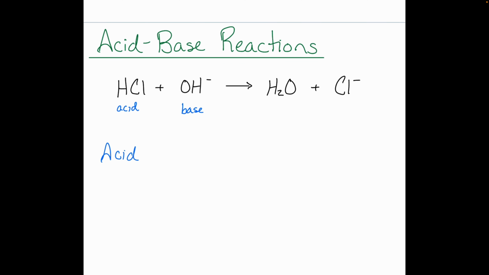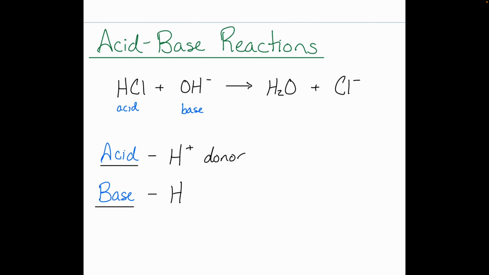An acid is defined as a proton donor, right? Remember those hydrogen ions we just simply call protons because when you make a hydrogen ion, you take the one electron away from hydrogen, leaving just the proton behind. And a base is then the opposite.